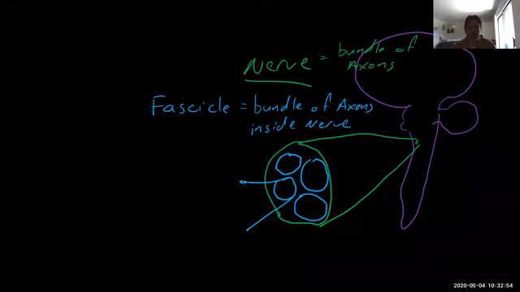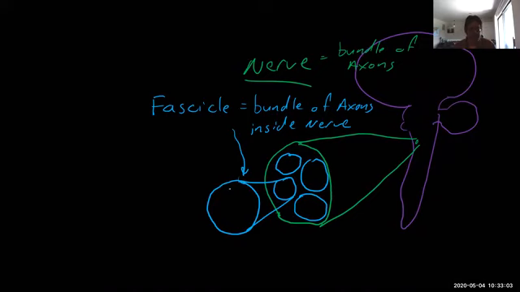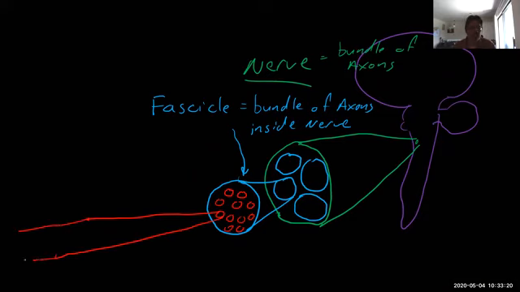We can take that fascicle, remove it, kind of blow it up. And then inside this, you would of course have your axons. So inside here, you would actually have the axons of the neurons. Now, just a reminder, guys, that these axons might be myelinated.